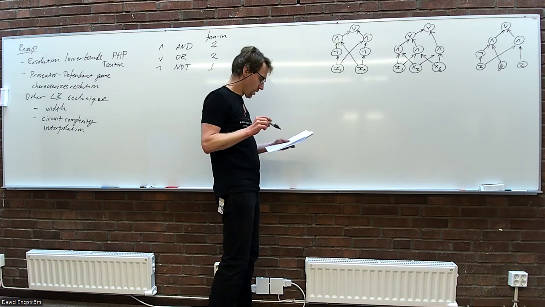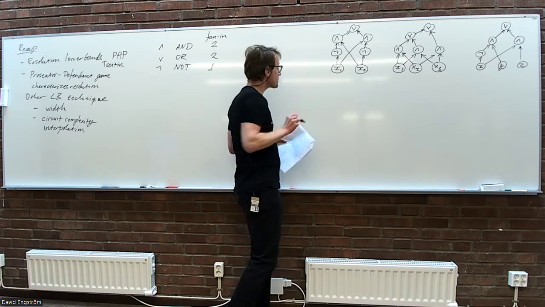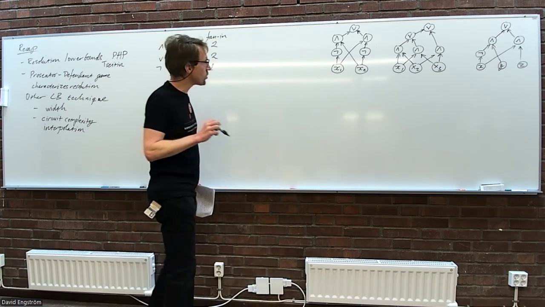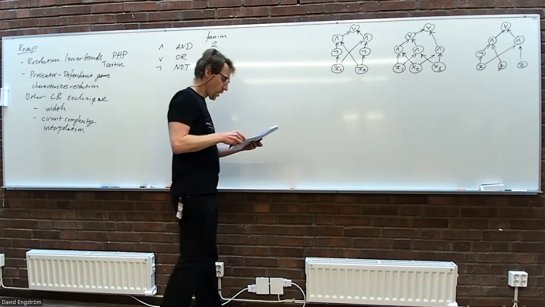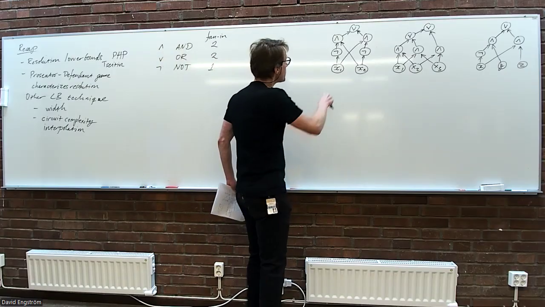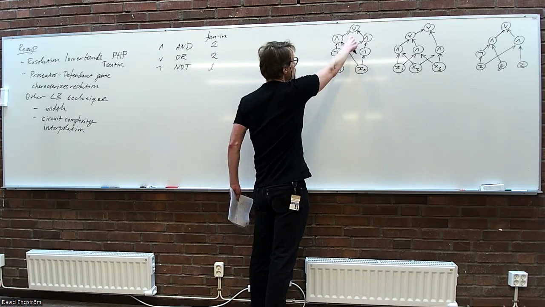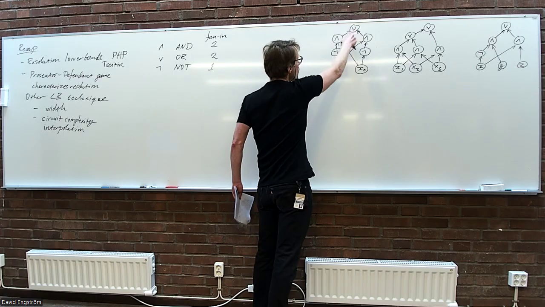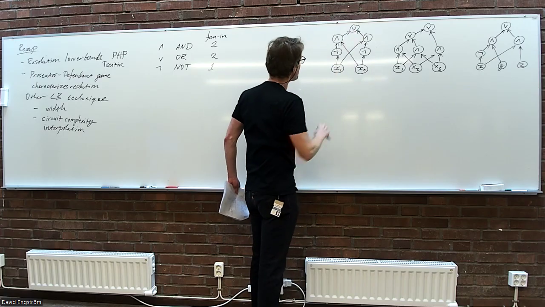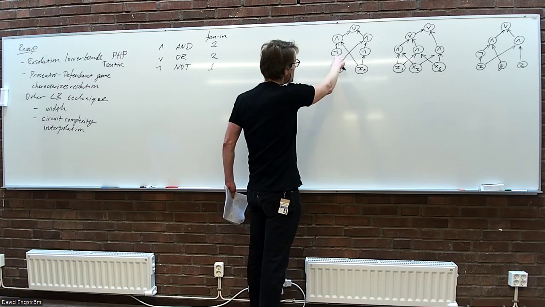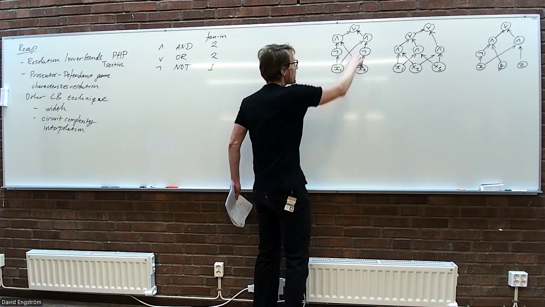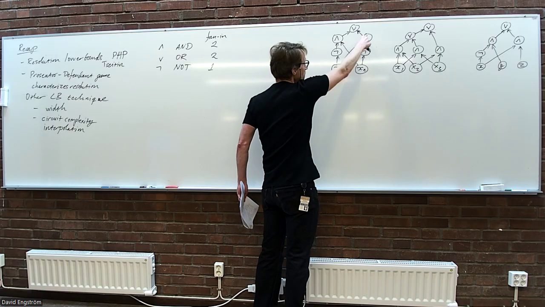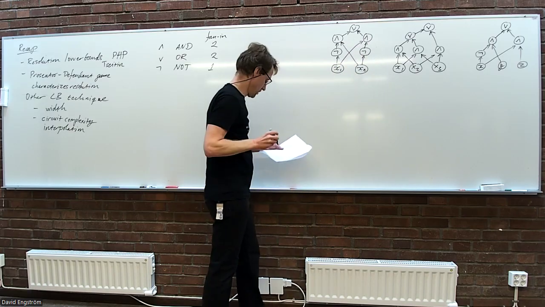Okay, so for instance, just to warm up, we can see here what this is computing. Well, this circuit will be true if it's an OR. So if one of these AND gates is true, and the first AND gate wants x1 to be false and x2 to be true, the other AND gate would be happy with x1 being true and x2 being false.